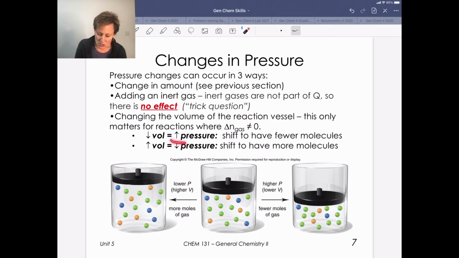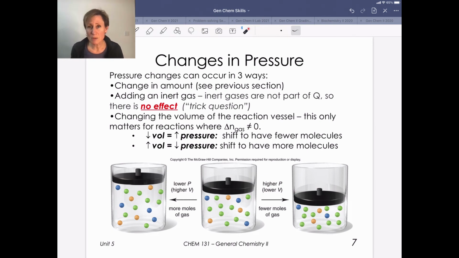So let's imagine that I increase my pressure because I decrease my volume. My equilibrium will shift to the side that has fewer molecules. So you have to count gas molecules. What if I actually gave more room to my molecules? Well, then my equilibrium can shift to the side where there's more molecules. Sort of a trick question again.